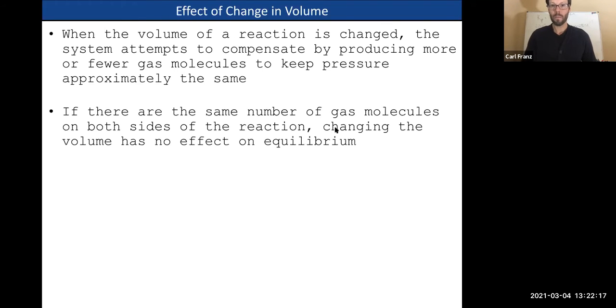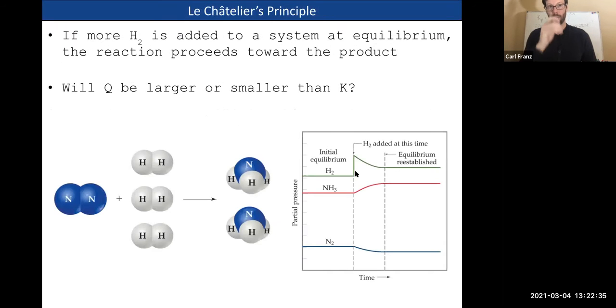Okay. So concentration, temperature, volume disturb equilibrium, leading to a shift on one side of the arrow or the other to then come back to equilibrium. Okay.